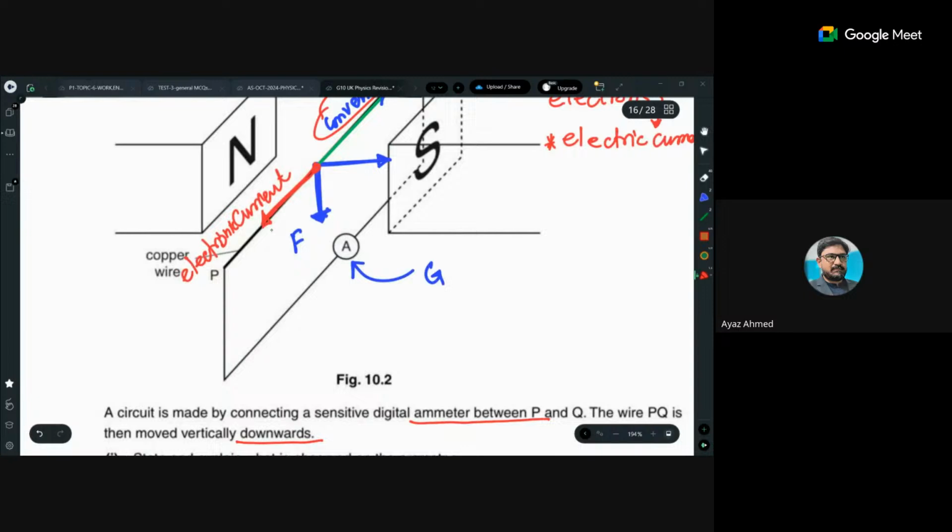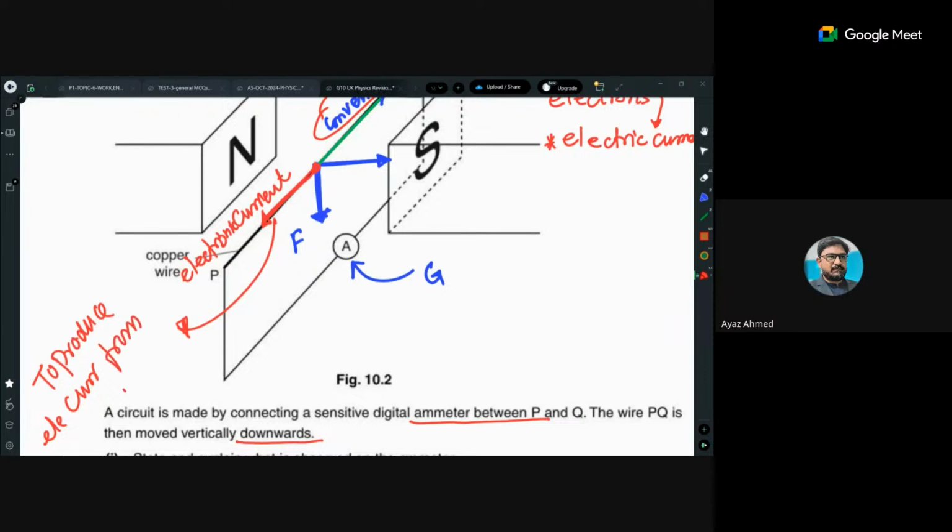Yes. So to produce the electronic current from Q to P, and to produce the electronic current from P to Q in the same magnetic field.